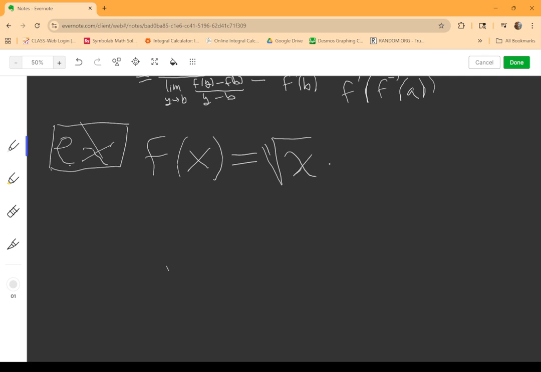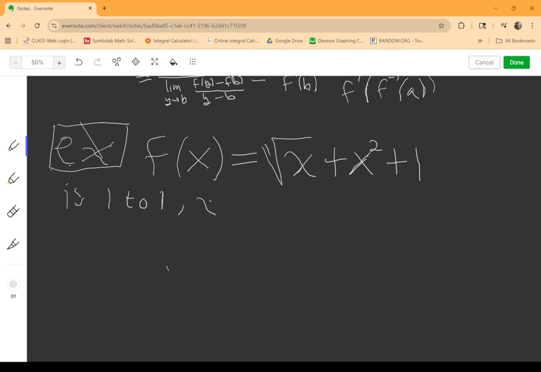plus x squared plus 1. So this function is 1-to-1. We're told that it is in fact 1-to-1 for values of x bigger than 0.